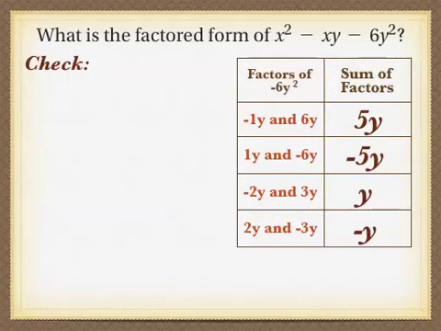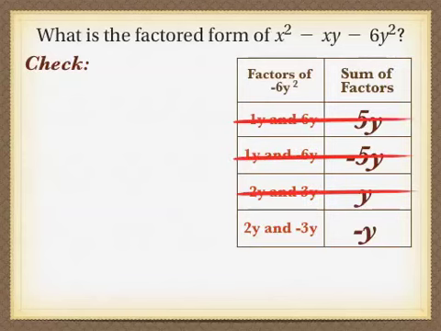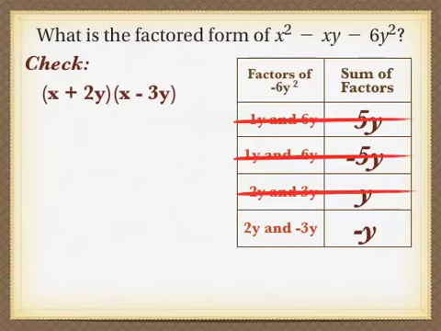If you notice my b here, I have a negative x times y. Well, the x is there in the form of the trinomial, but the negative y is what's being multiplied by the x. So in this case, the two factors that I need to use are going to be 2y and negative 3y. Just like in the previous examples, I'm going to write them as two binomials, x plus 2y and x minus 3y.